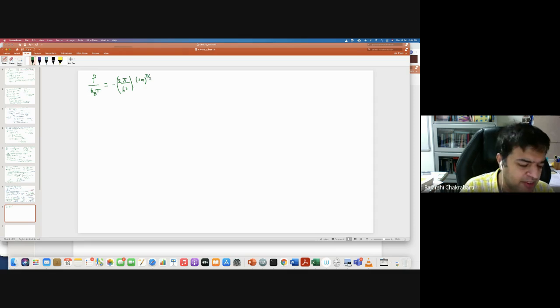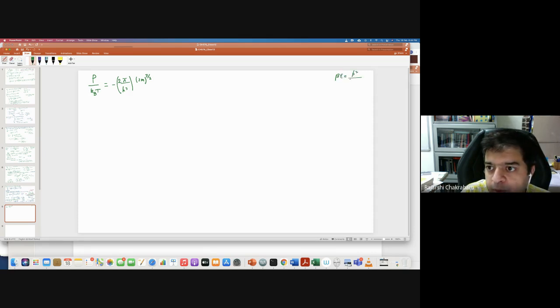Now I'm just writing the integral. So what I'm saying is, my integral I'm writing like that. So I have beta epsilon, which is actually p squared by 2m kBT, and this I'm calling x. So basically what I have, beta d epsilon is dx.